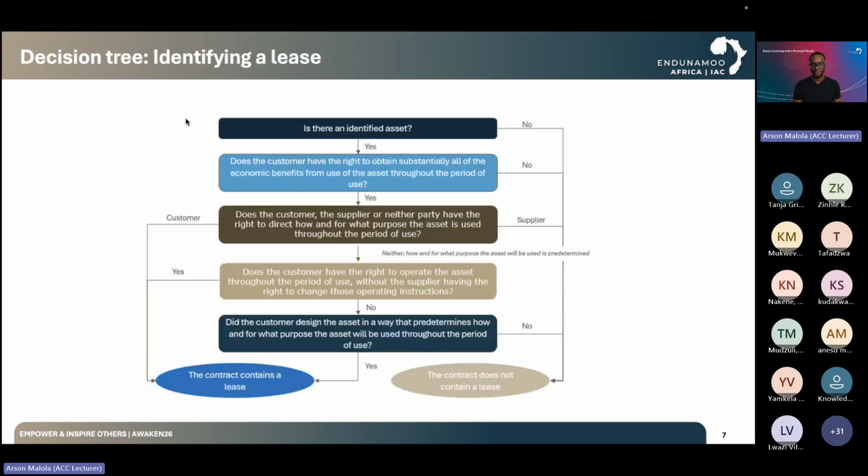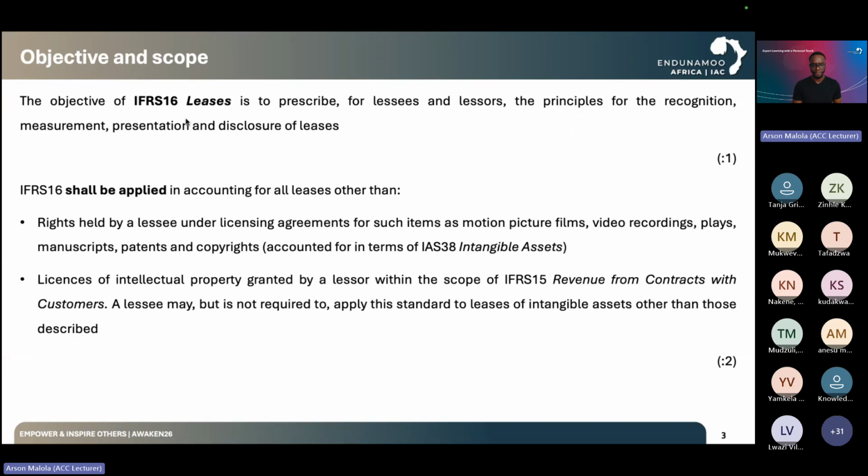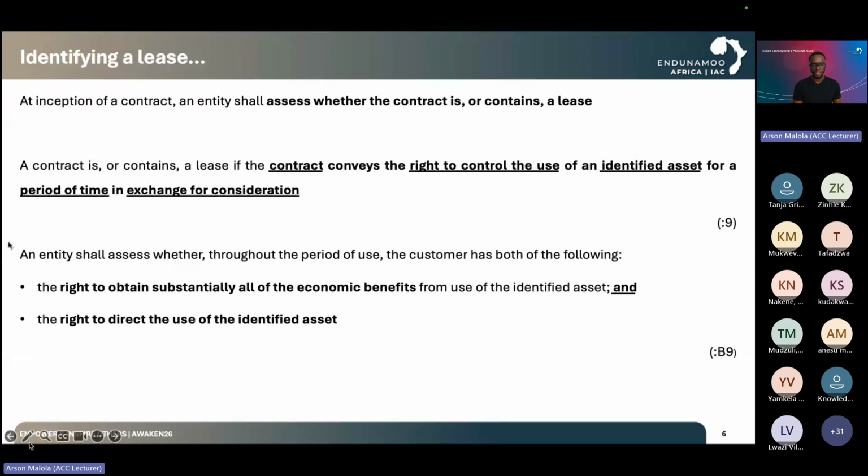If I go all the way back here, this second part, paragraph B9, speaks to how you assess the right to control the use. So who has the right to control the use of the asset? Then B9 says, okay, when assessing who has the right to control, consider who has the right to obtain substantially all the economic benefits and who has the right to direct the use of the identified asset.